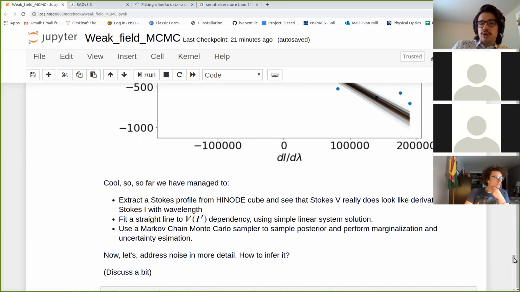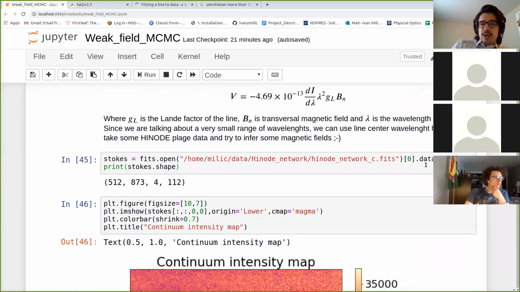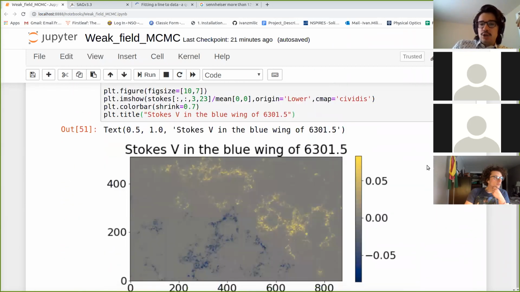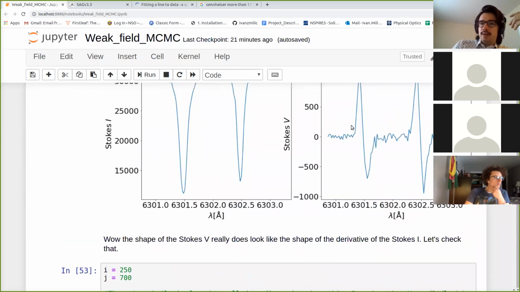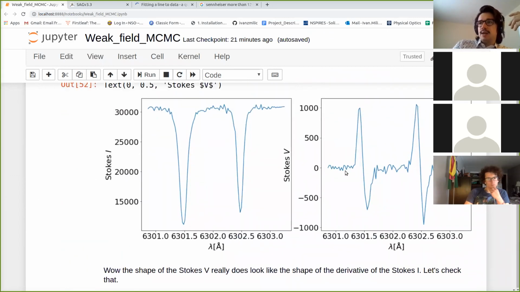And how are we going to infer the noise? Well, we know that Stokes V in the continuum should be 0, right? So these oscillations here that are appearing in Stokes V are just the oscillations of, because remember that Stokes V is a differential quantity, it is (I plus V minus I minus V) divided by 2, and I plus V and I minus V are quantities that are separate, so they have different realizations of the noise in them.